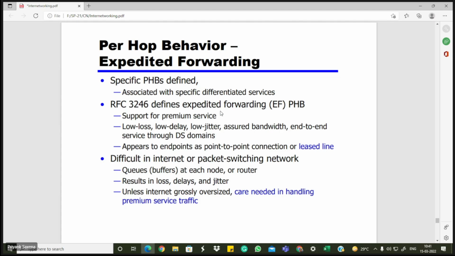As I told you, as the packet moves on and goes to the router, the DS code point itself says what kind of service it requires. There are different per hop behaviors, like expedited forwarding.